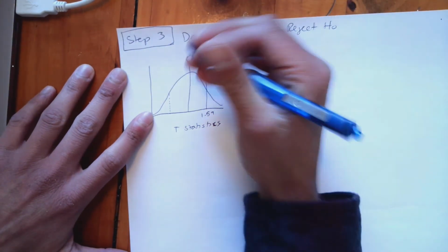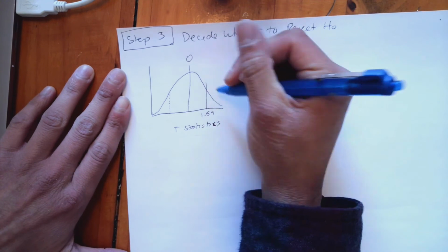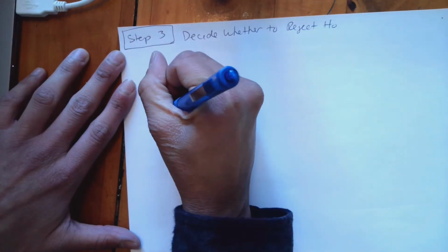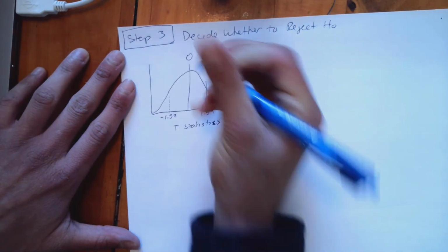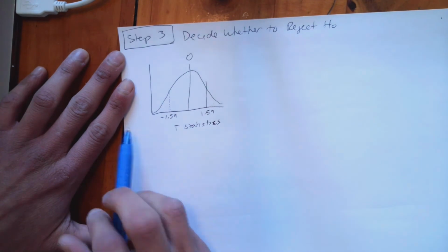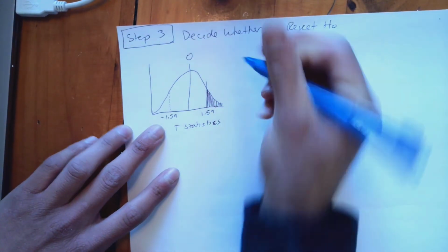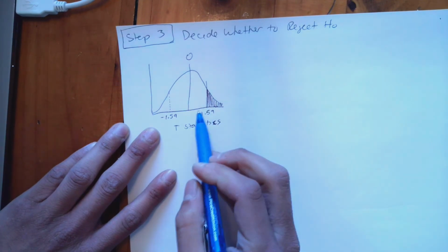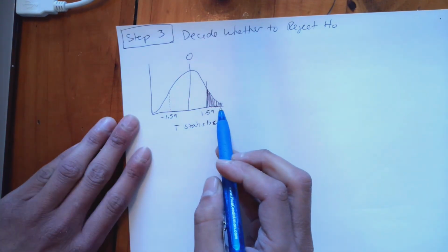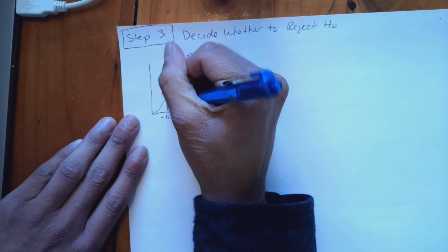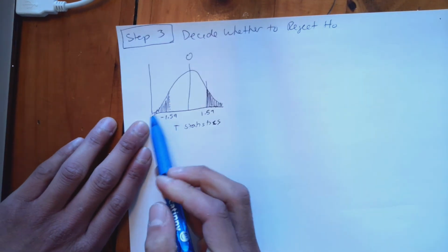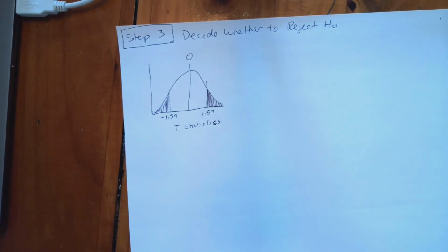So the p-value for a two-tailed test like this, where we're willing to consider samples that are extreme in either direction, so either big or small, we look at the area under the curve that's past our test statistic on the side that our test statistic is actually on, and we also look at the area under the curve that's past our test statistic on the side that it's not on. Because that's going to give us the probability of getting a difference in sample means as extreme or more extreme than the one we got.